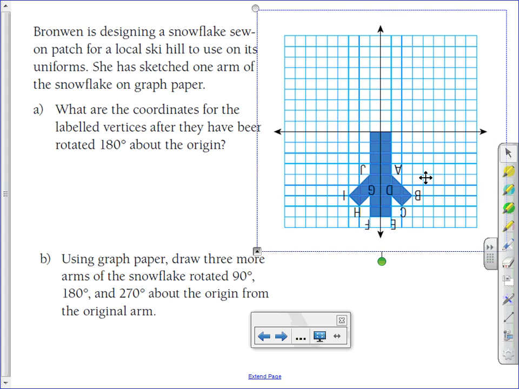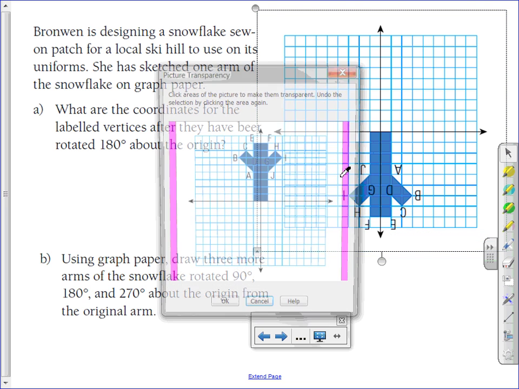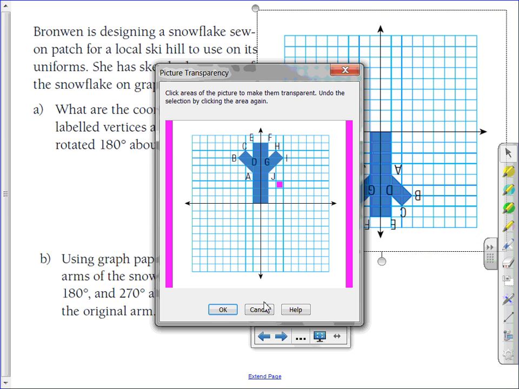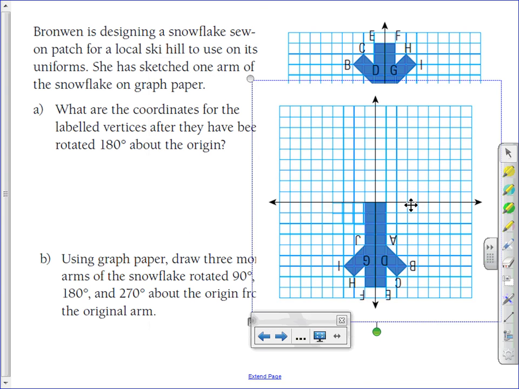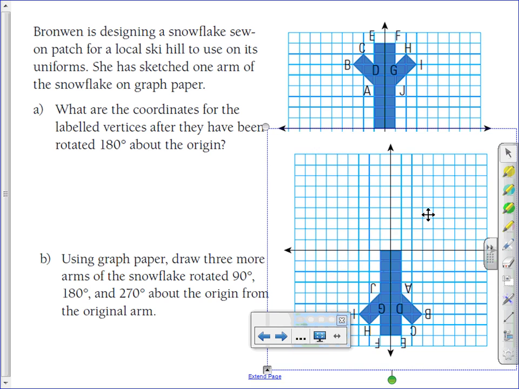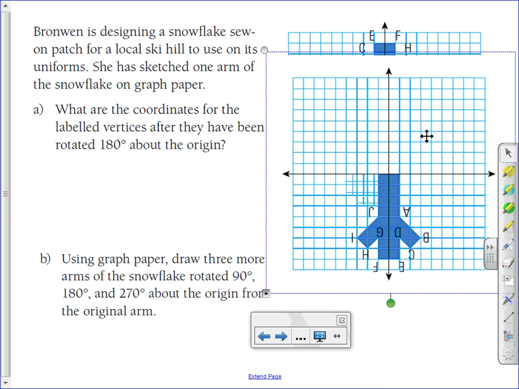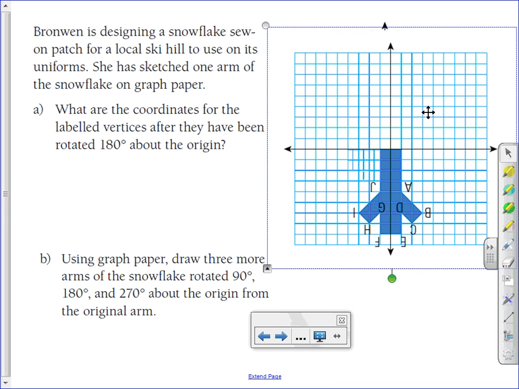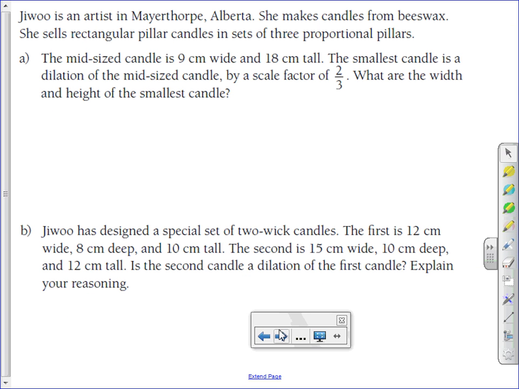Anyways, you're supposed to rotate it a bunch of times, and by doing that, you would create the image of a snowflake when you reflect it at 90 and then 180 and then 270, and you'll get some practice on your assignment.